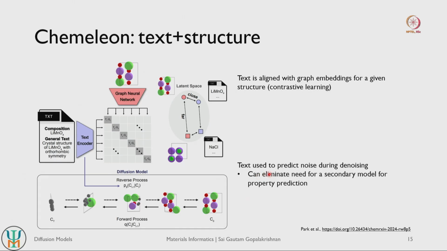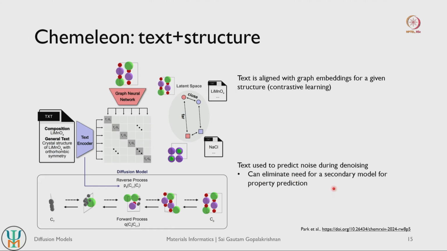And in principle, if you use a good amount of text data or labeled data, you can eliminate any secondary models such as density functional theory or machine learning interatomic potential or any other property predictor model, any other transfer learned models for your eventual property prediction. So in other words, you should be able to get the right structure for the right target property in principle, but the way Chameleon has been implemented as of now, this feature has not been rigorously tested or implemented yet, right.